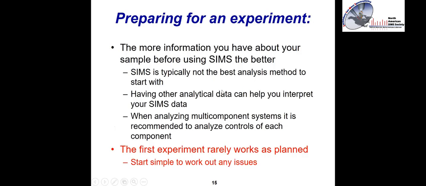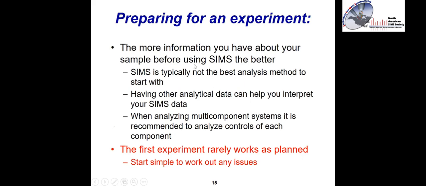So before we get into talking about how to process the data, I want to talk just briefly about how you get ready for an experiment, because it really is important to know what you're going to analyze and to have as much information as possible about the sample in order to interpret your data.